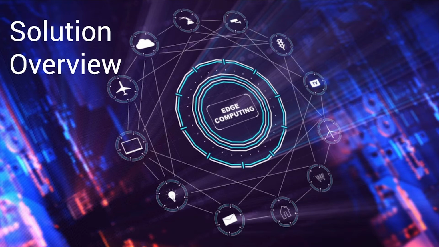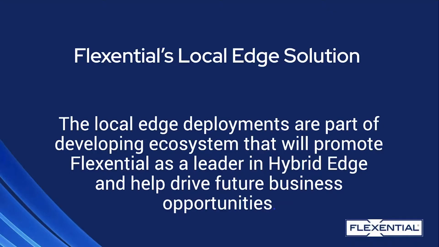So how do we approach it at Flexential? Here's our solution overview. Here's how we're going forward. Here's how we've partnered with American Tower and how we're working with other companies to go out there and really build solutions that are going to do this. So we designed a Flexential Local Edge, right? That solution is really the ability to make small deployments of a network compute out there, and it's part of a developing ecosystem that'll promote Flexential as a leader in hybrid edge.